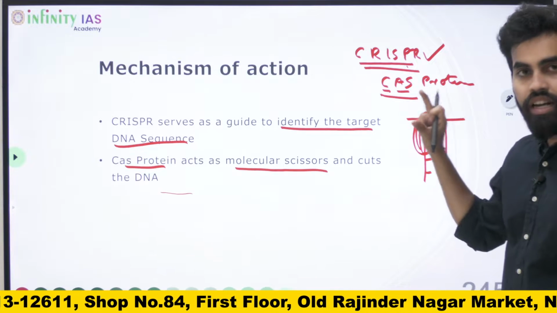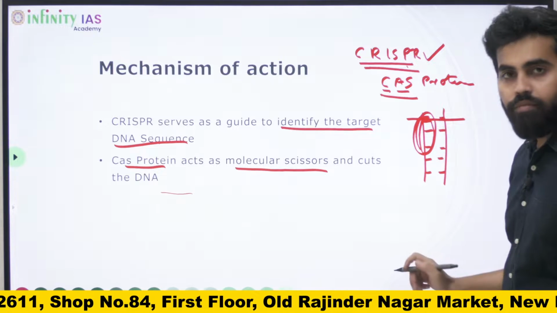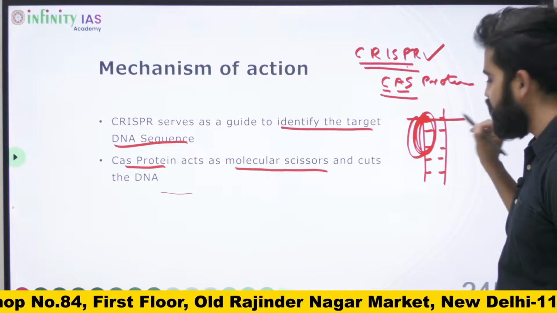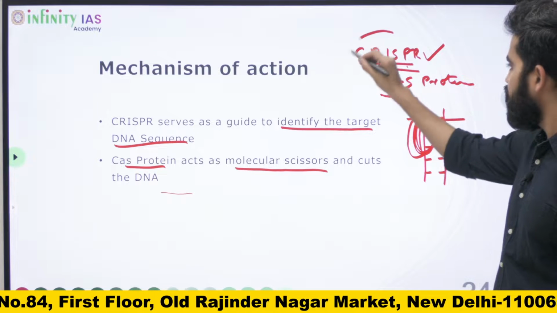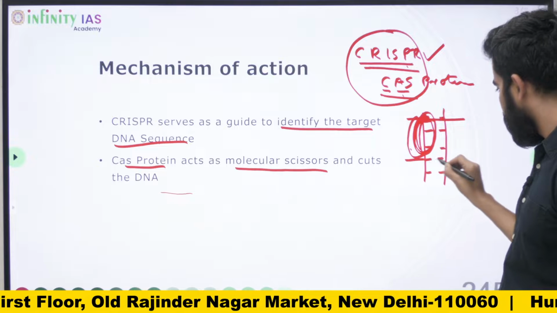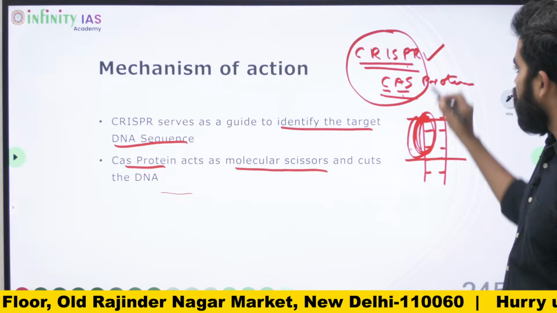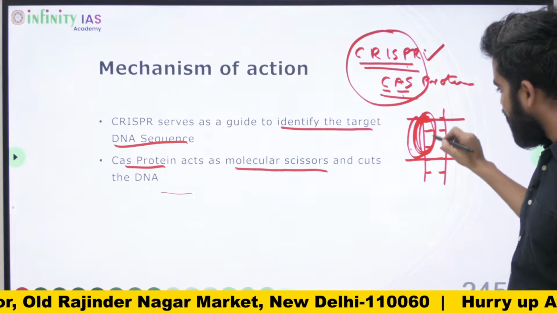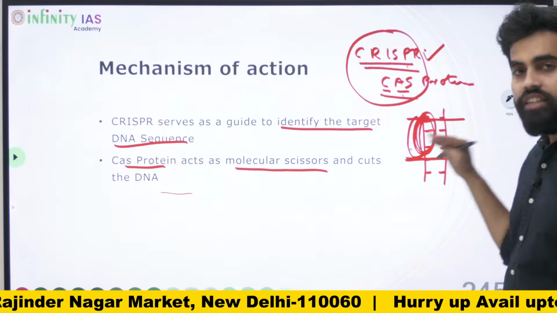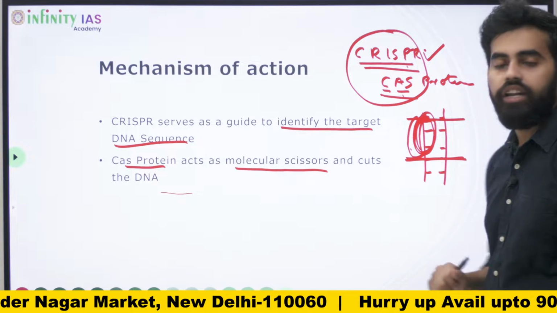So when the CRISPR CAS system goes into the animal cell, it identifies this and gets attached here. Now in the CRISPR CAS system, the CAS protein will cut the DNA here. So CRISPR helps in identifying and CAS helps in cutting the DNA at that specific point.